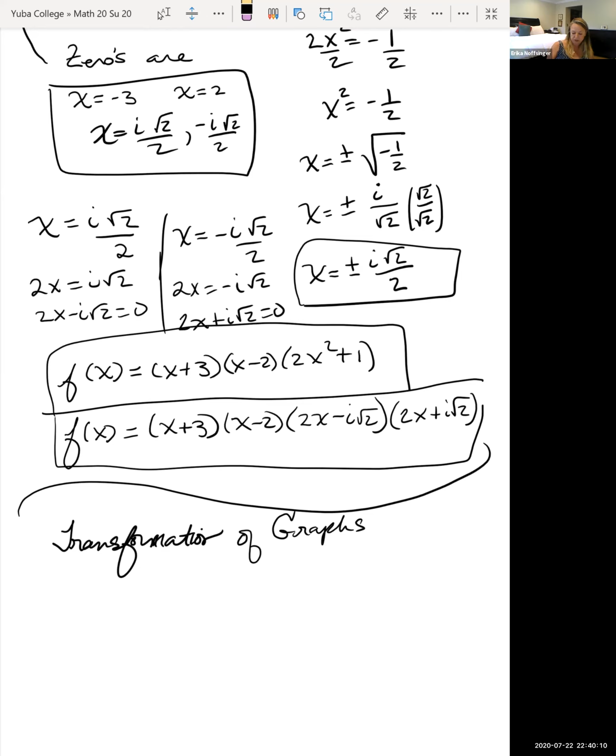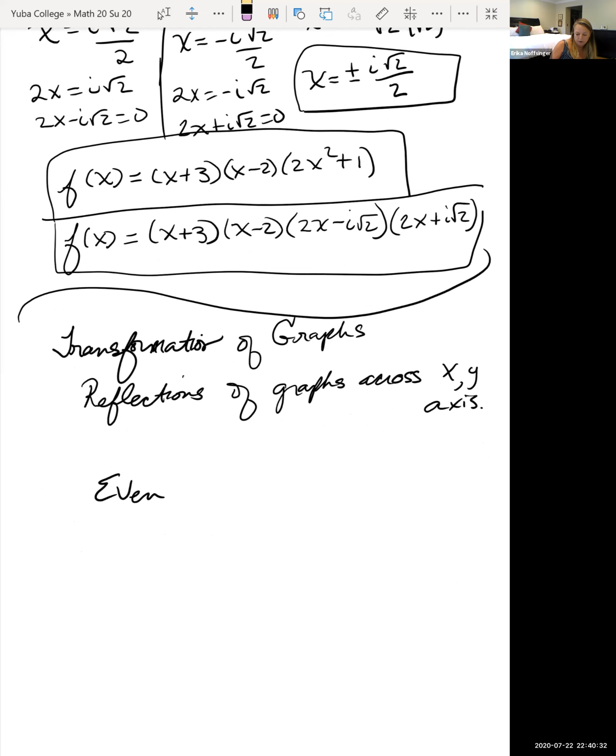So reflections of graphs across x and y axis. Even and odd functions. Which kind of ties into symmetry, which is where we're talking about the reflections, so symmetry.